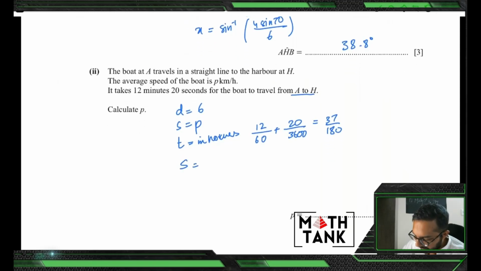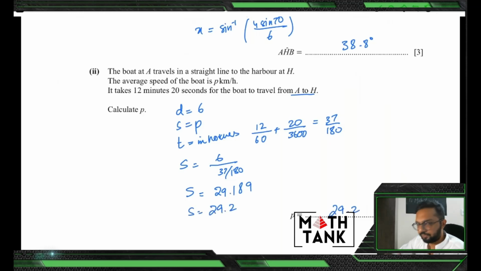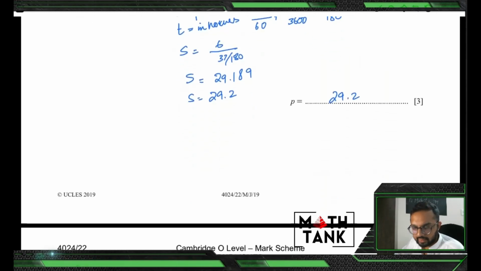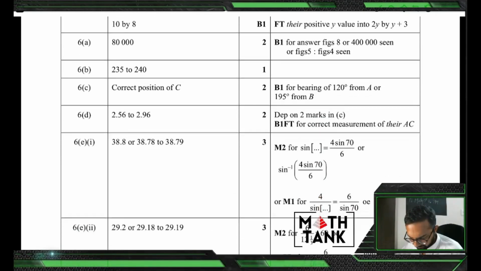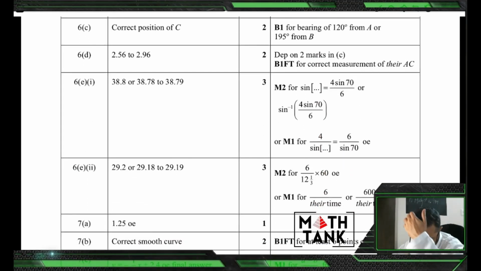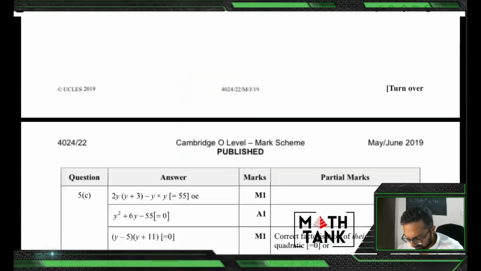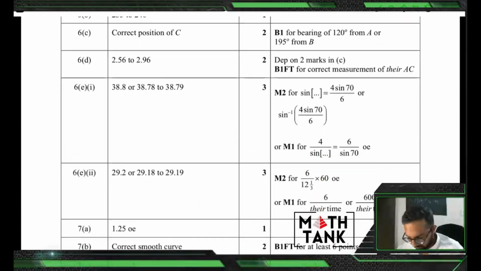So speed is distance over time. So 6 divided by the answer on my calculator. This is coming out to be 29.189, which is 29.2, I guess. 29.2. Let's check if our answers are correct. Yes, our answers are both correct. 38.8 and 29.2.